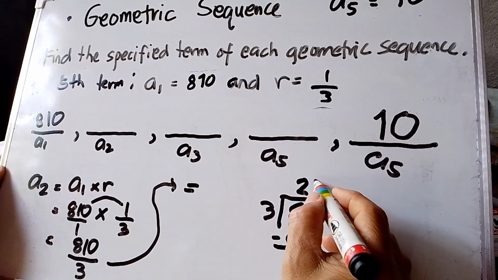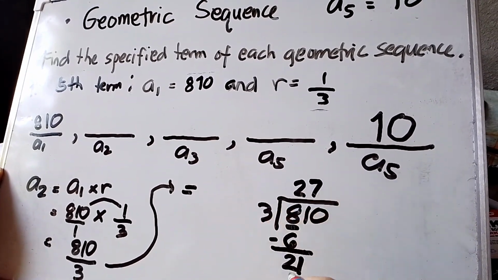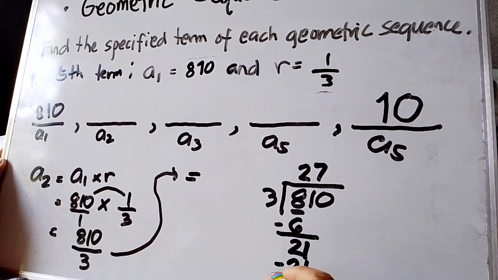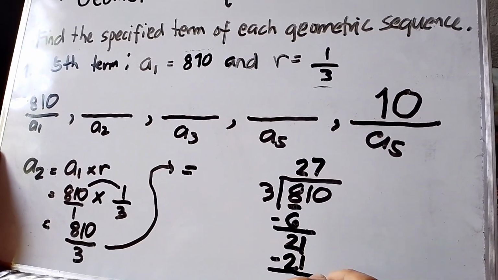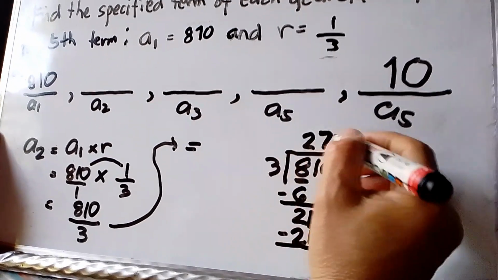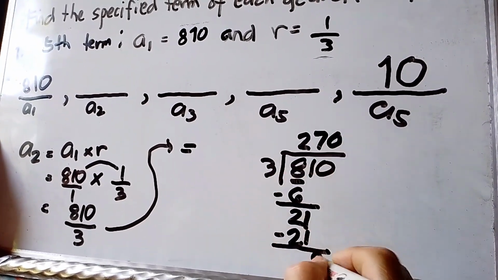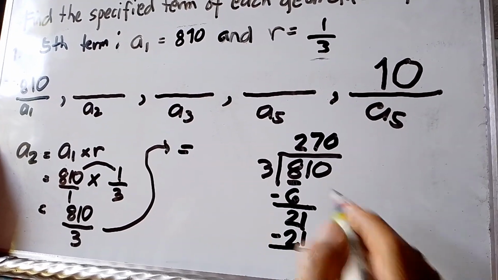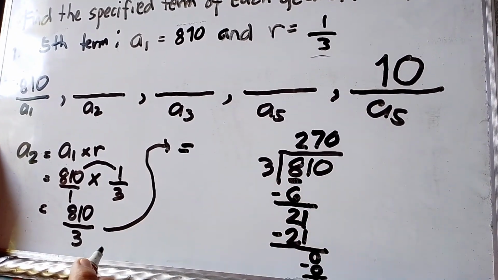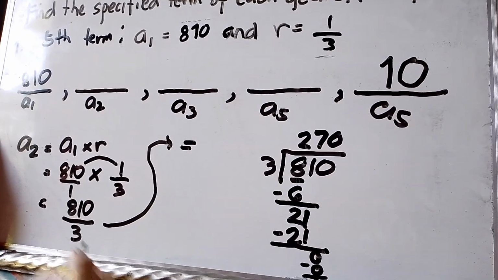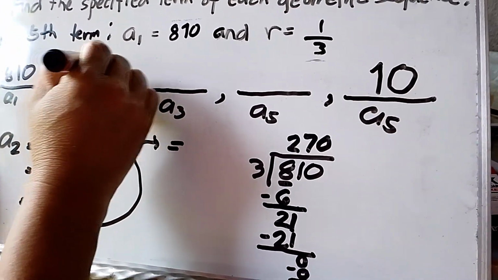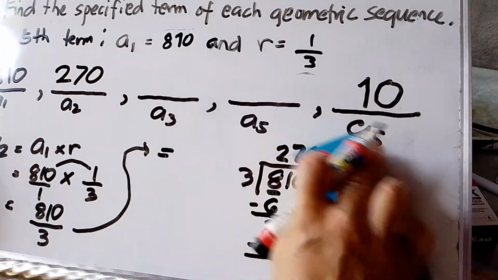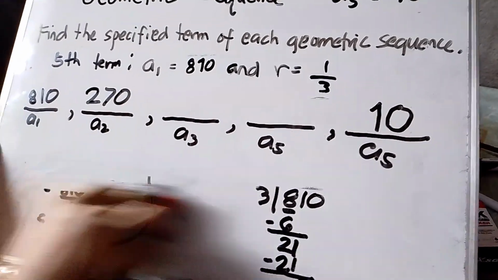So 21 divided by 3 is 7. 7 times 3 is 21. Take away, that will be 0. And then bring down 0. 0 divided by 3 is 0. Then multiply 0. So I come up with 270. So my A sub 2 is 270.